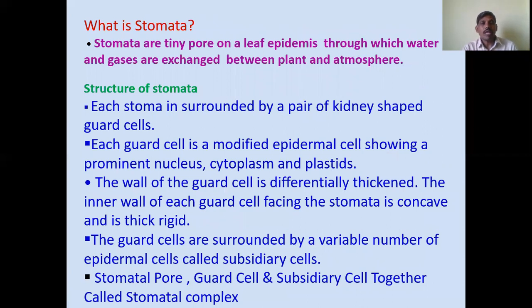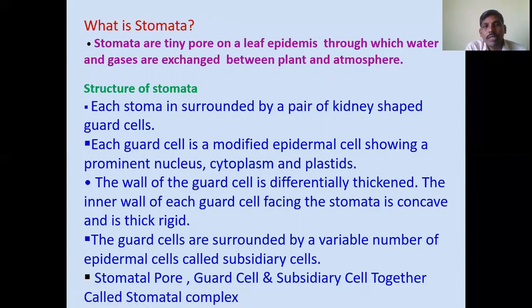Next, another special structure found in the epidermis layer of leaves as well as young stems is the stomata. Stomata are tiny pores on the leaf surface or leaf epidermis. Through this structure, gases are exchanged between the plant and the atmosphere.